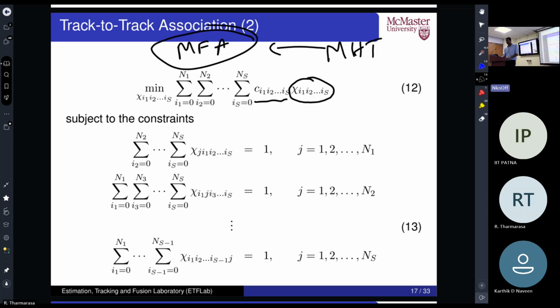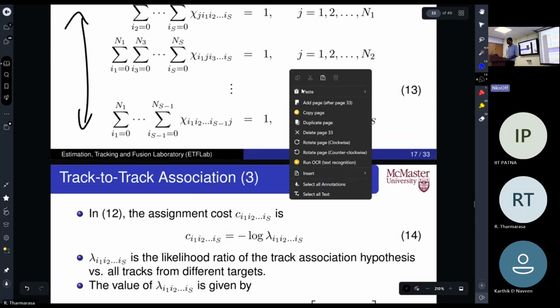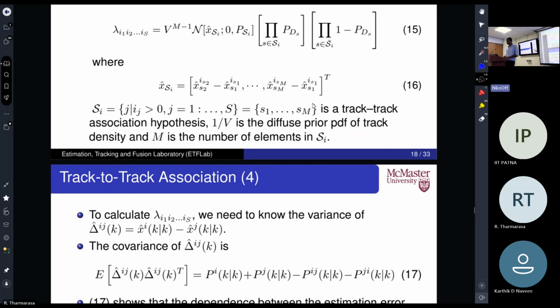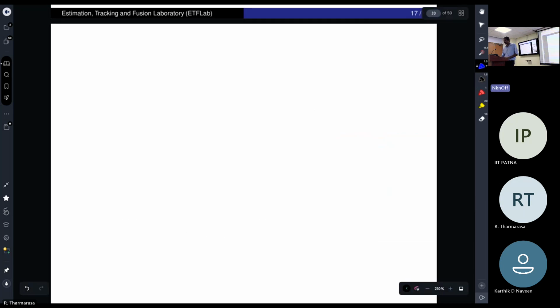And these are the constraints. It's at least good to know this kind of assignment problem, so whenever you want to use it, you can. Let me explain with a simple problem. Say track 1 and track 2. So we always have a dummy. These are called dummy tracks.